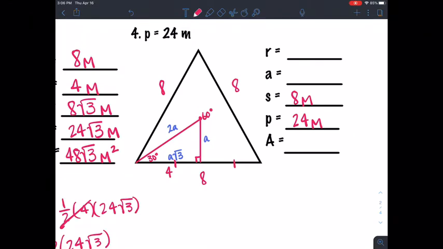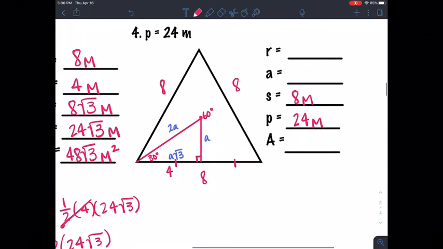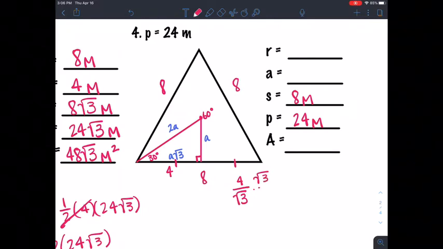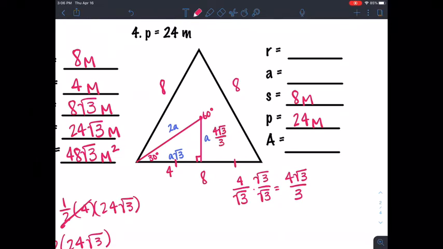So if I want to take 4 and work back to the short side, I'm going to have to divide by that root 3. We've got to rationalize the denominator. So I end up with 4 square roots of 3 over 3. And that is it. So 4 square root 3 over 3.